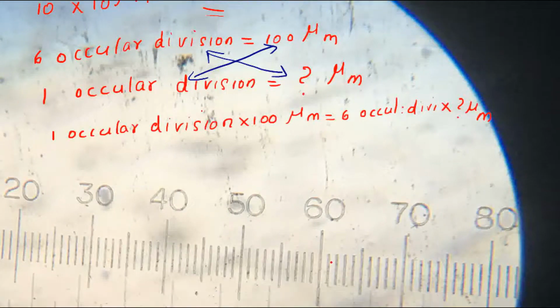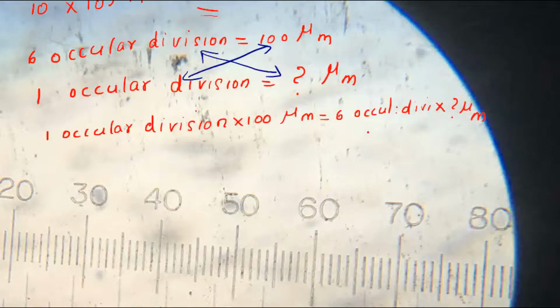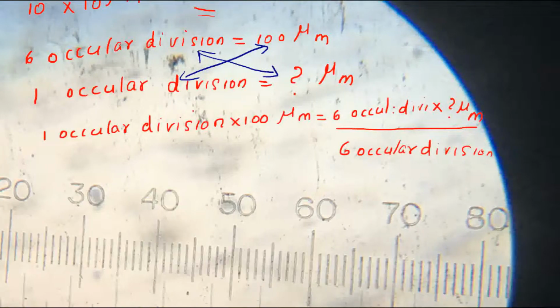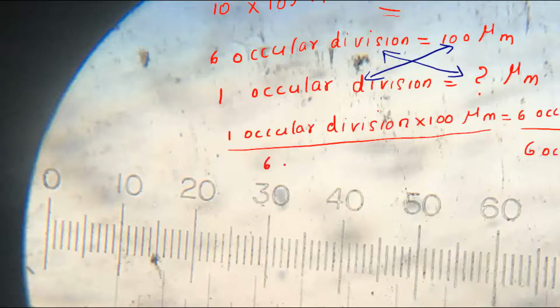Okay. For further simplifying this equation, I am going to divide each side of this equal sign by 6 ocular divisions. So here 6 ocular divisions, and here also I am going to divide the whole by 6 ocular divisions.